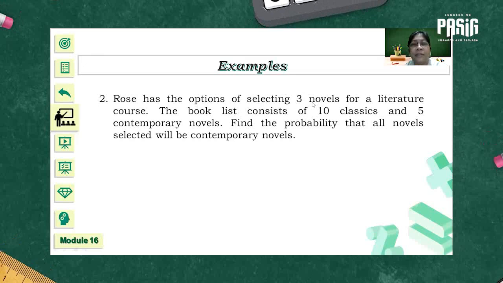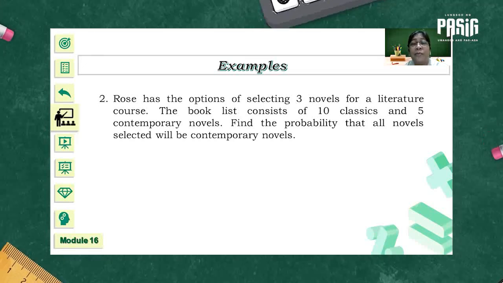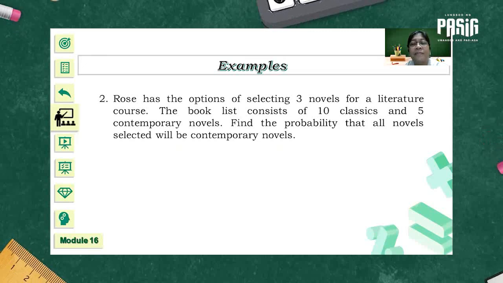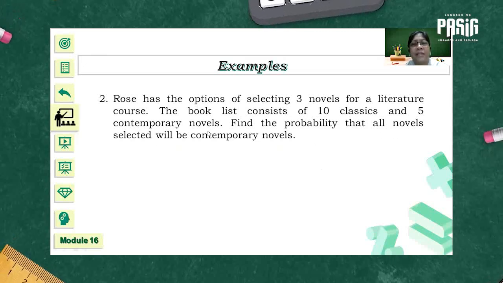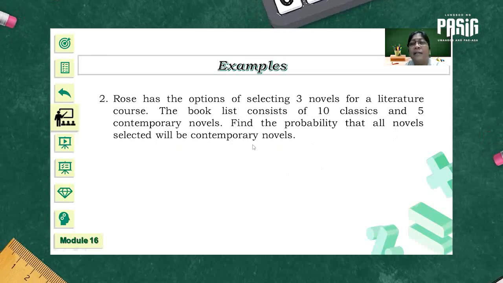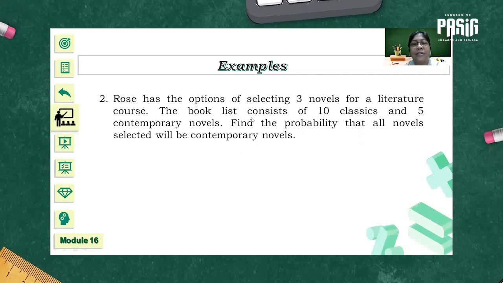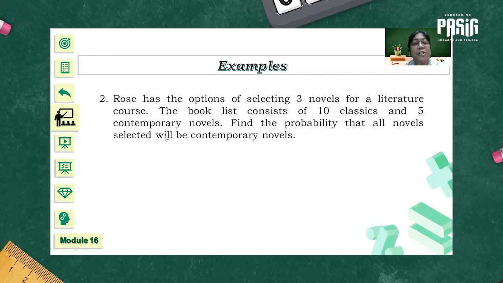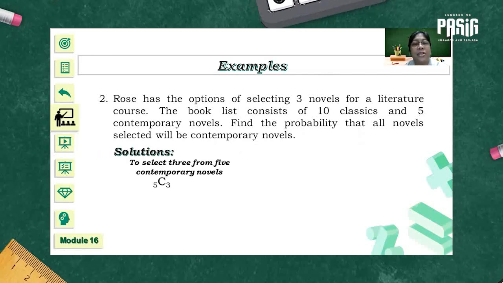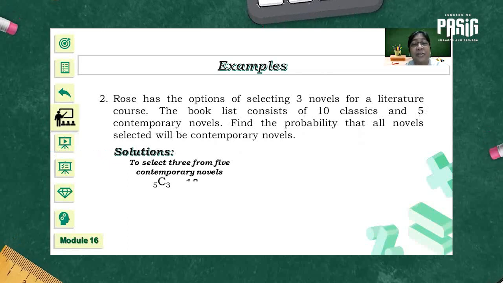Selecting 3 novels means order is not important. Therefore, we'll use combination. But we have to make sure that all novels selected will be contemporary. That is why we'll only get 3 novels from 5 contemporary novels, which makes it combination of 5 taken 3, which is equal to 10.